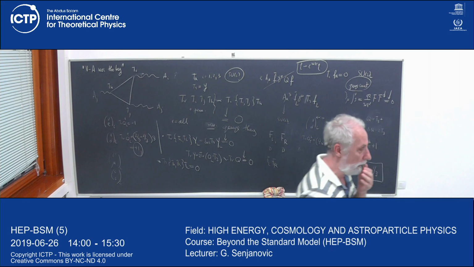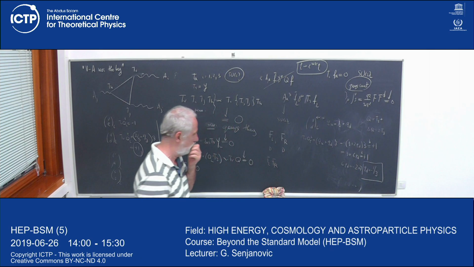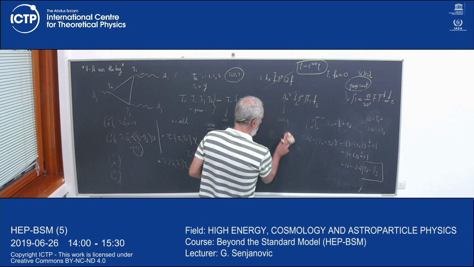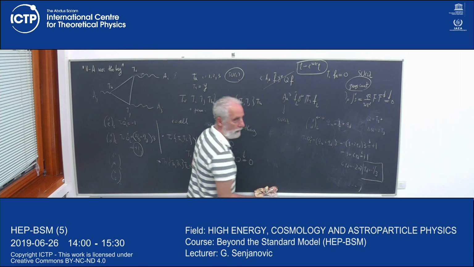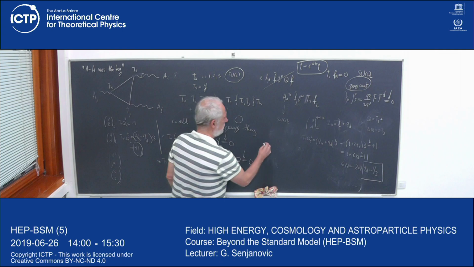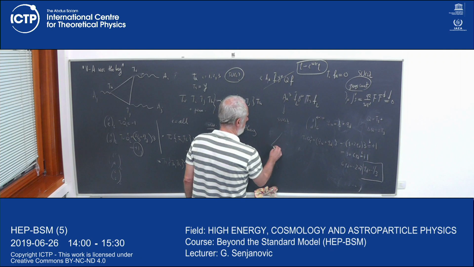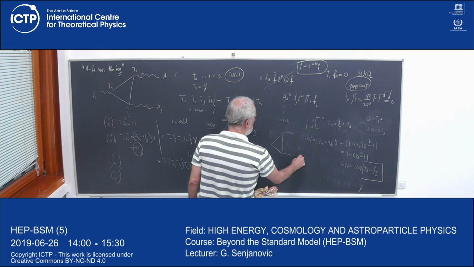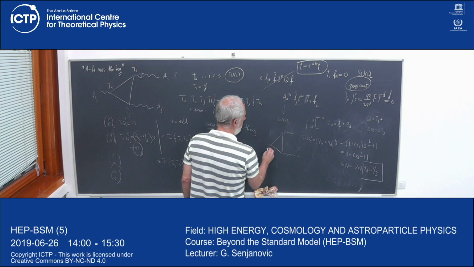Okay, I can as well say it here. Notice that the baryon current will have the anomaly in the standard model. Let's just look at this diagram and take here the baryon number current.